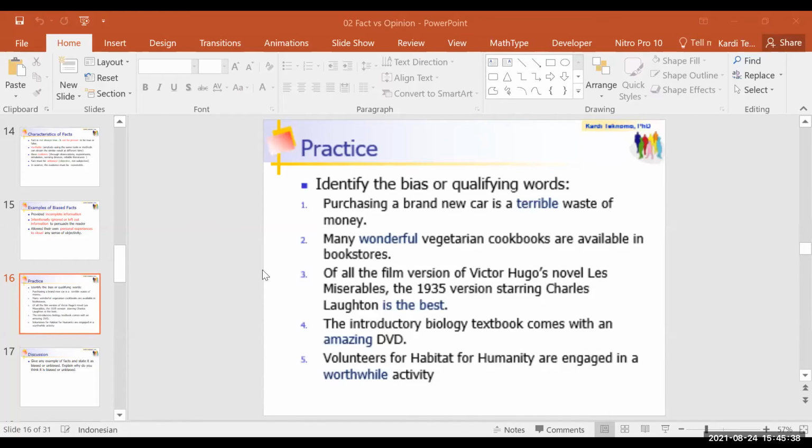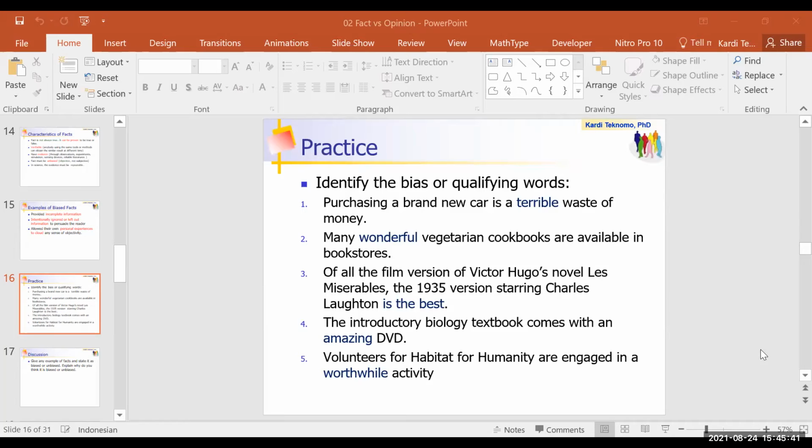So I have a practice here. Let me share it with you. Can you see it? Tell me, 1, 2, 3, 4, 5. Is this a biased fact or not? And how do you know that this is a biased fact? Number 1 is biased, sir.